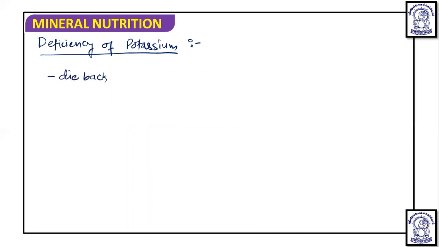Now if the deficiency of potassium will occur, then what will be the deficiencies? Then dieback will occur. Dieback means deadening starts from the periphery and moves towards the center of the particular plant. Then deficiency will lead to chlorosis or yellowing in intervenal areas.